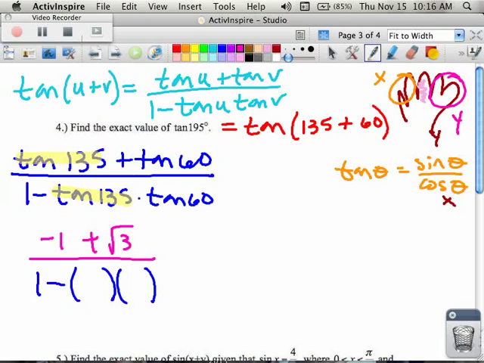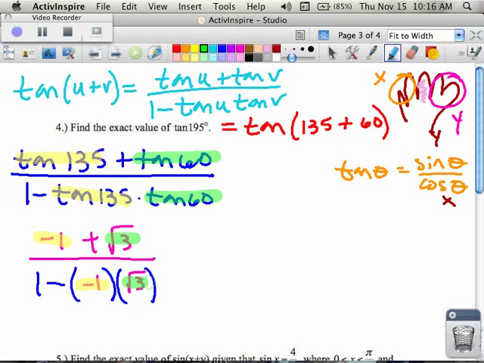One of them was the negative 1, which was the tangent of 135, and one of them was the square root of 3, which was the tangent of 60.